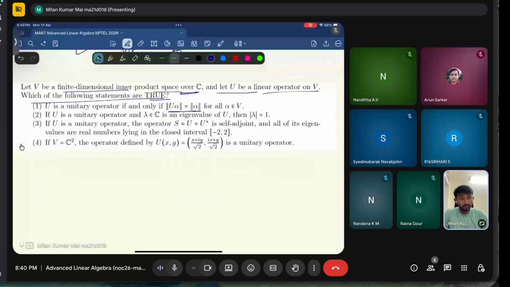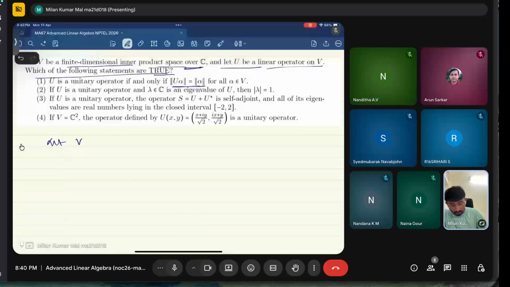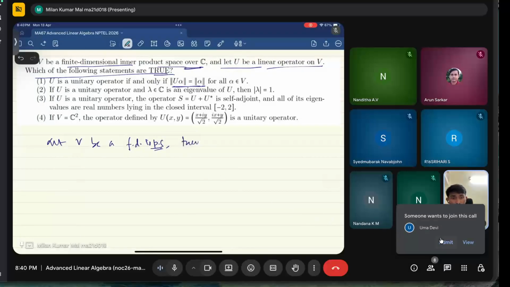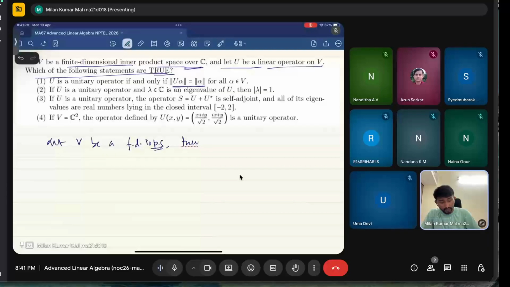Sorry, this is true. Finite dimensional linear product space, this is true, because let V be a finite dimensional linear product space, then a linear operator U from V to V is unitary if and only if U star U is equal to identity.